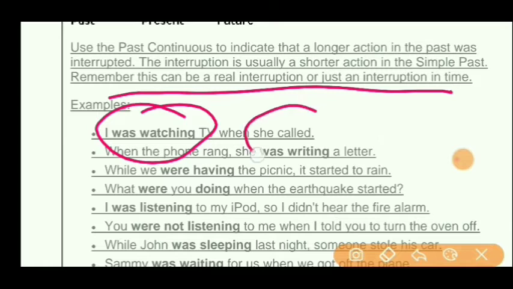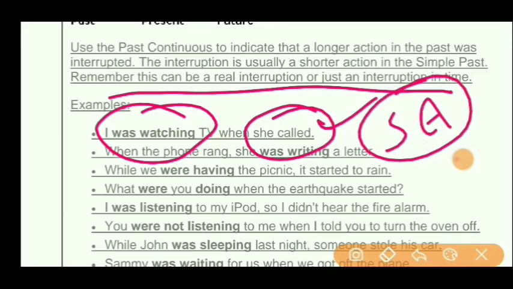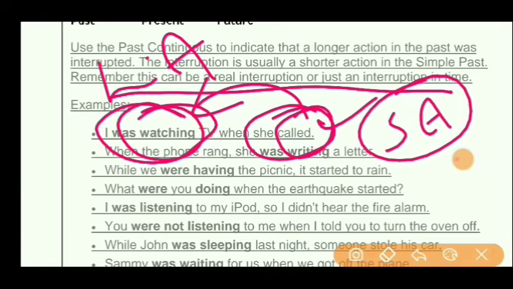And when somebody calls, it takes just 1 or 2 seconds. So this is a shorter action which is written in simple past, as you see, called. And this watching TV is a longer action and it is written in past continuous tense.